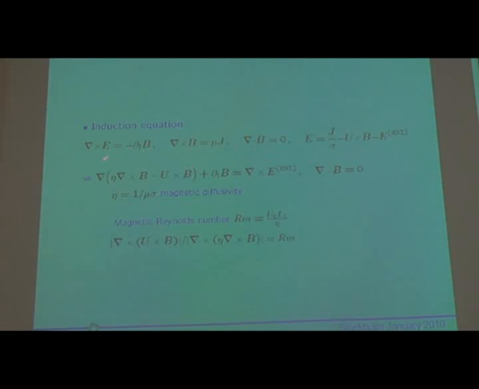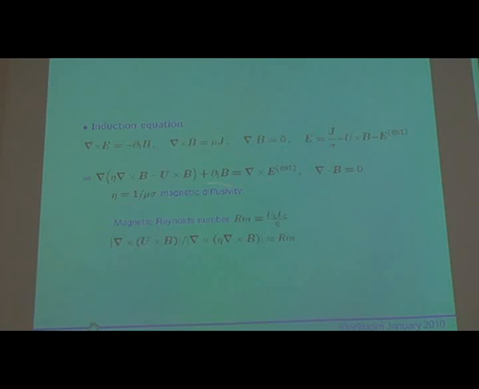Start with dB over dt, replace E by Ohm's law, J replaced by the curl of B, and then you get this equation with eta equal to 1 over mu sigma, the magnetic diffusivity. It is usually a homogeneous equation, but if you really consider an external electromotive force, then you have an inhomogeneous term.